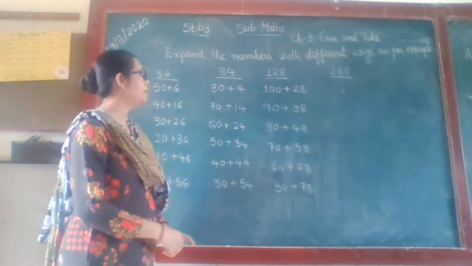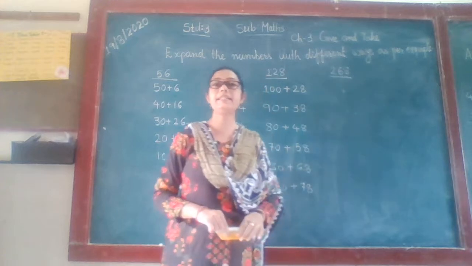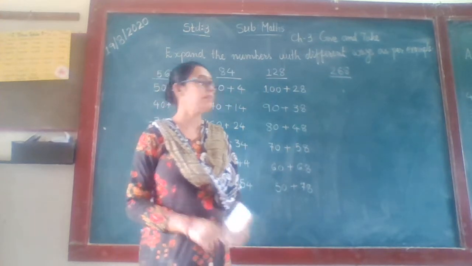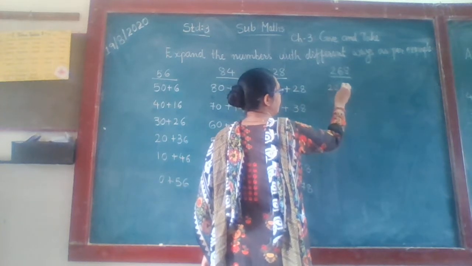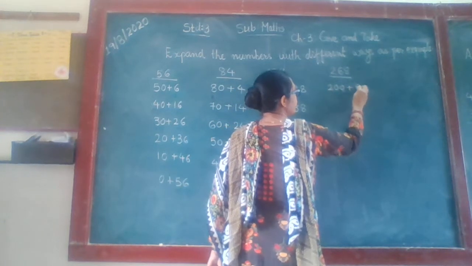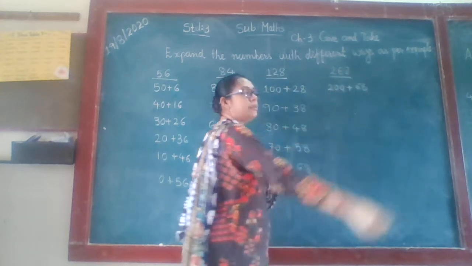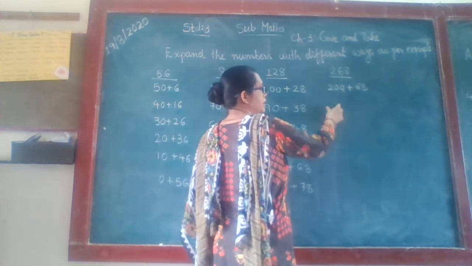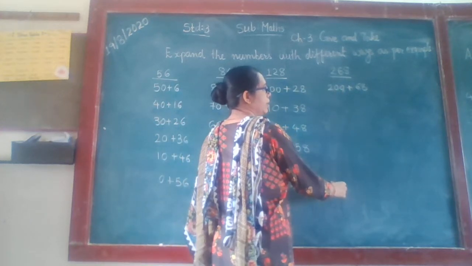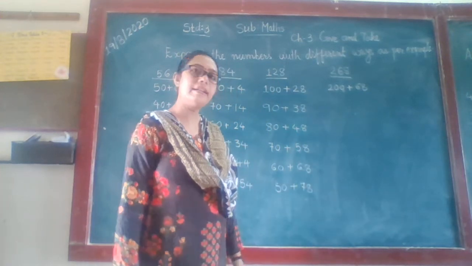Okay. Now we have number 268. So 268 means 200 plus 68 is equal to 268. So from the left side number we subtract 10 and to the right side number we add 10.